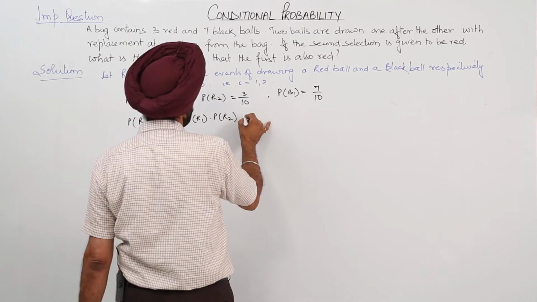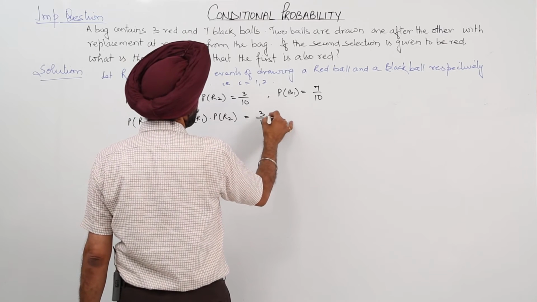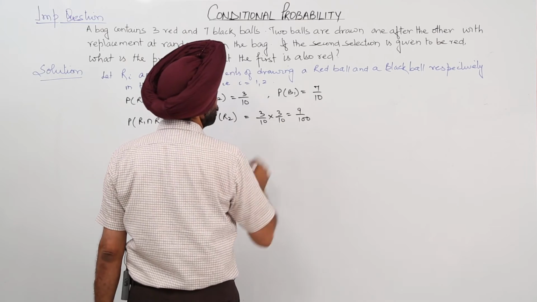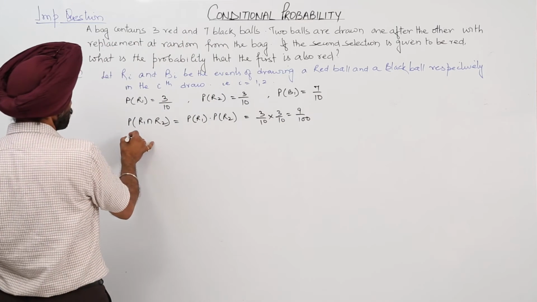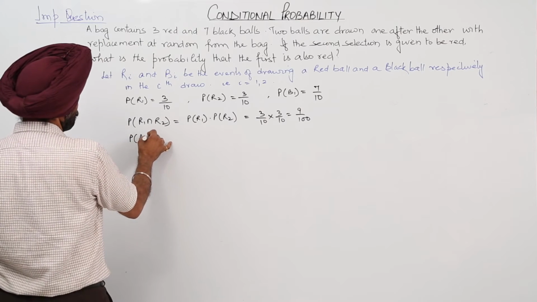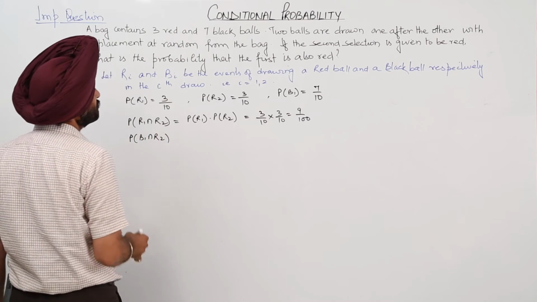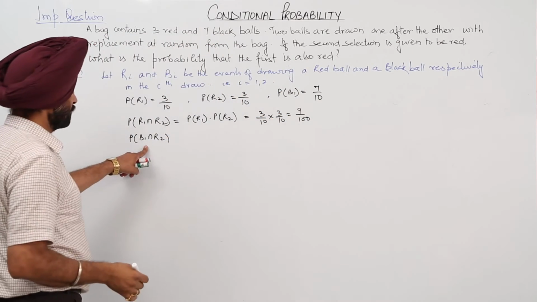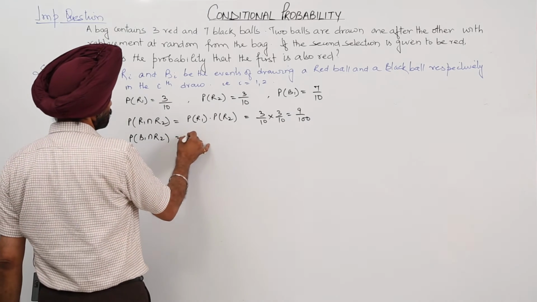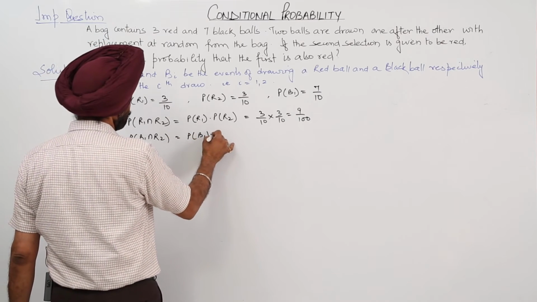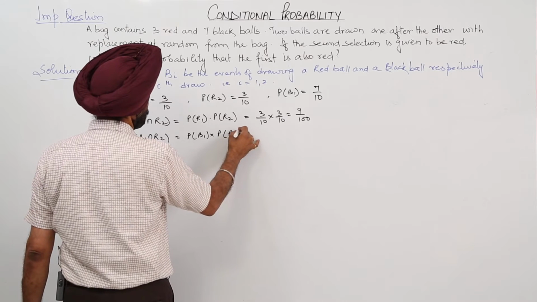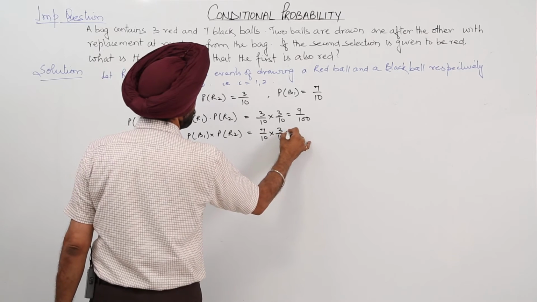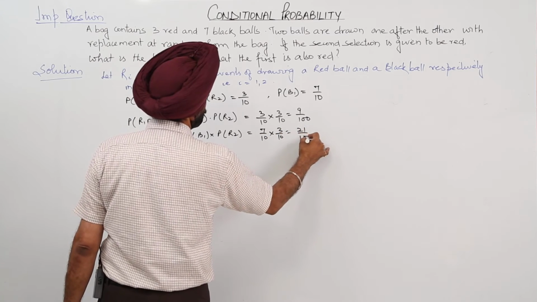So we are having 3 by 10 times 3 by 10, this is equal to 9 by 100. Then one more condition we can take, B1 and R2, because the second selection is given to be red. B1 and R2, now this is again independent events. Now 7 upon 10 times 3 upon 10, this is equal to 21 upon 100.